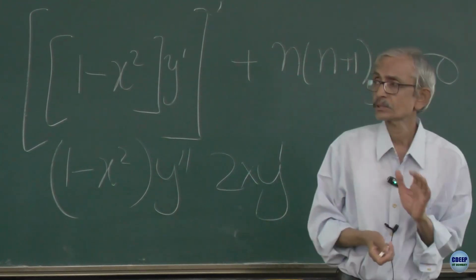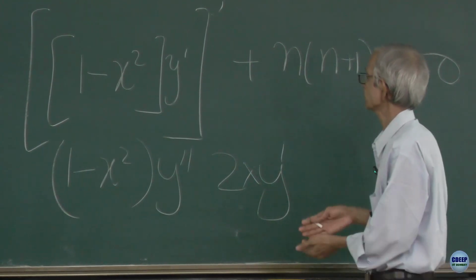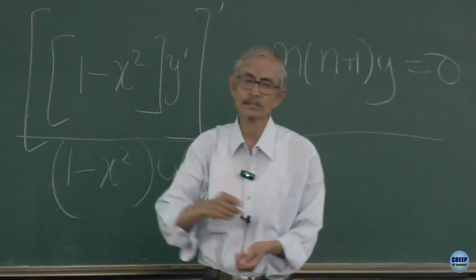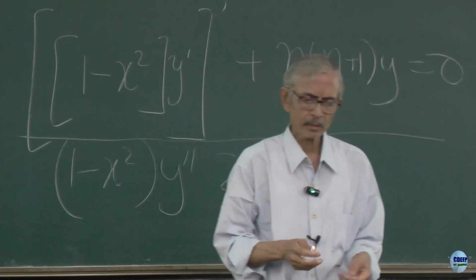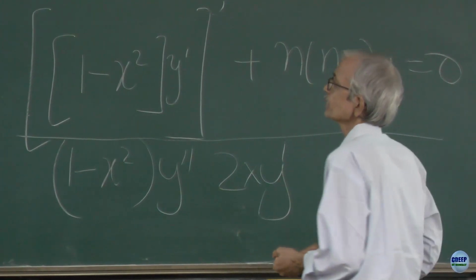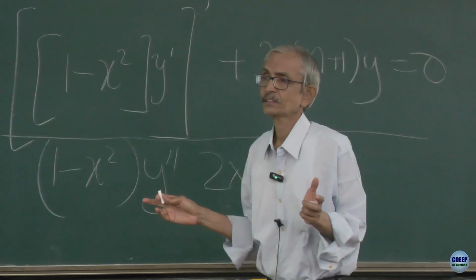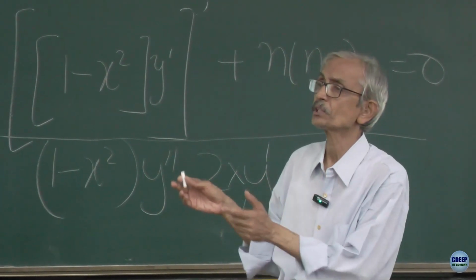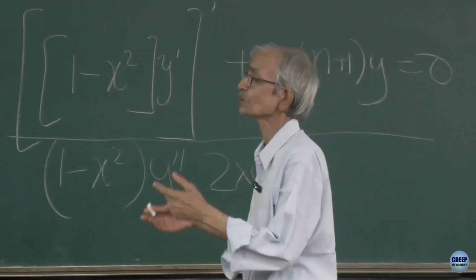Just by looking at the fact that this is conforming to that Sturm-Liouville type of system, boundary conditions we have not written, but you can write them. So any function you can represent in the form of a summation of these Legendre polynomials.